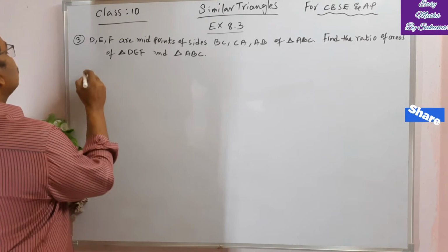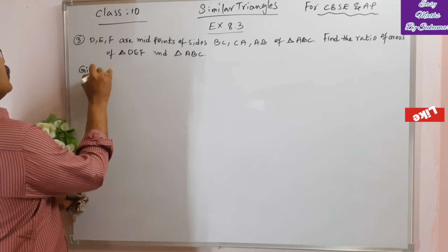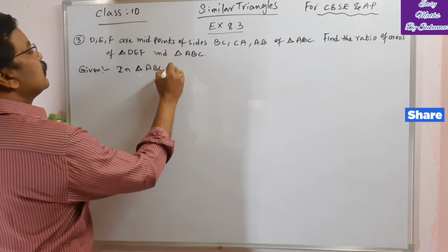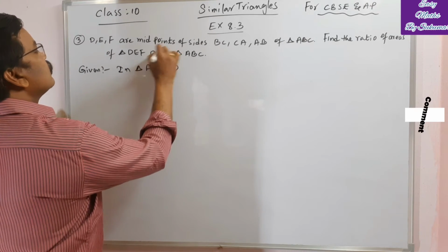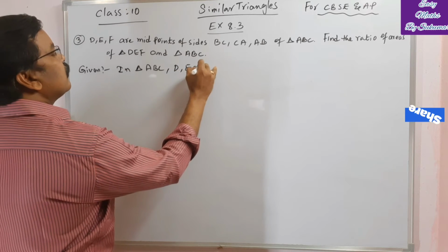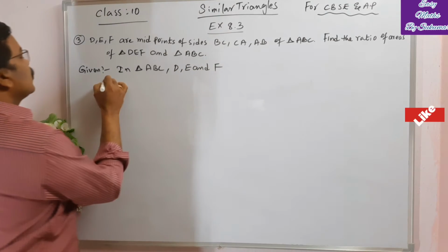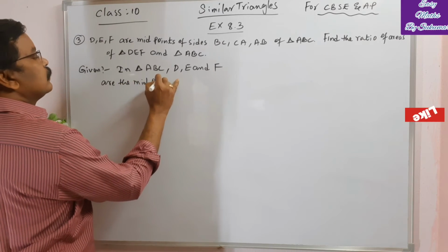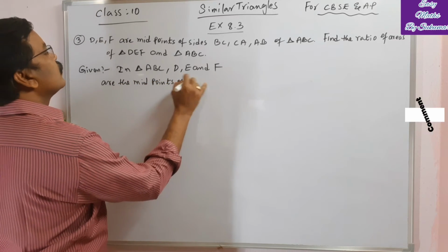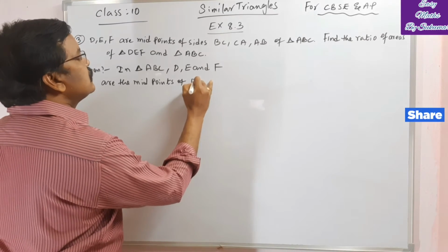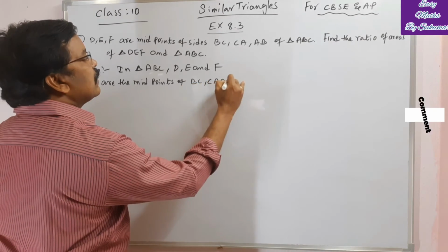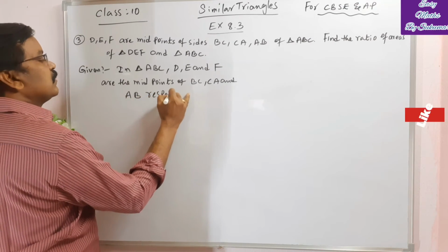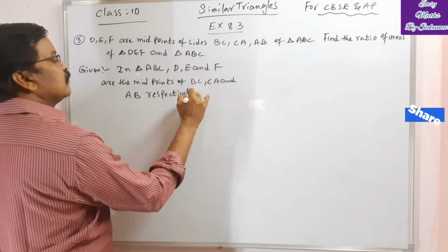ABC is a triangle, and D, E and F are the midpoints of BC, CA and AB respectively.